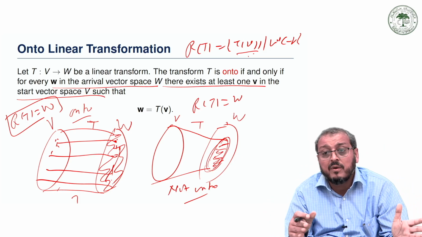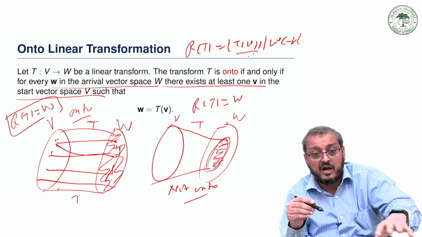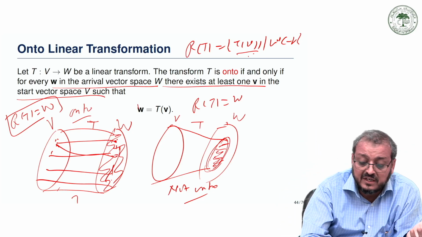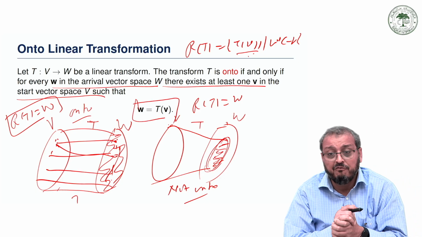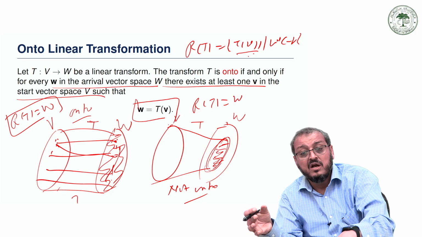Maybe more than one, that is not a problem, but at least one vector must exist in the domain. So W is equal to T of V.